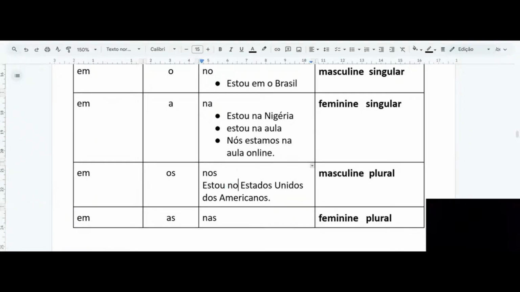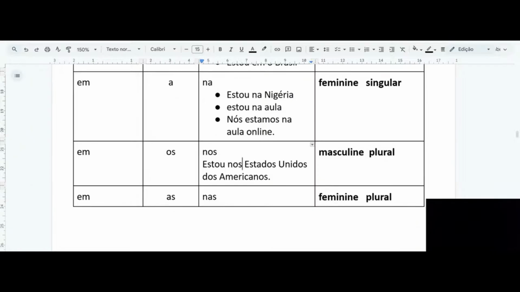You need to add s, nos. Estados Unidos dos Americanos. United States of America, not AUA or UAE. It's this one. The nas is also for feminine plural.